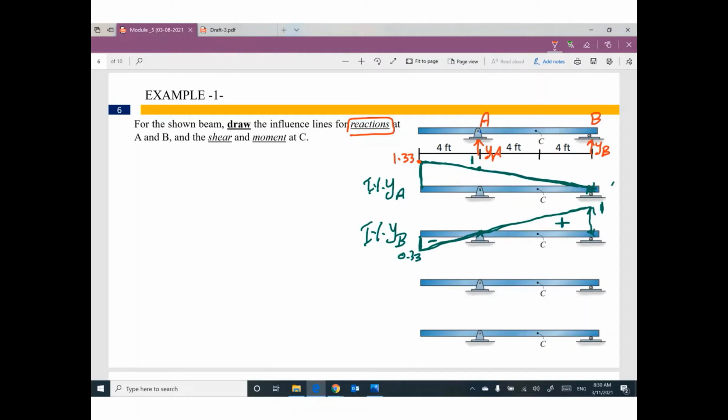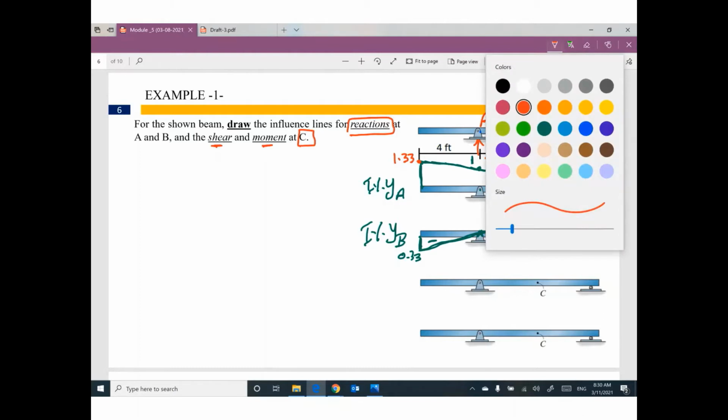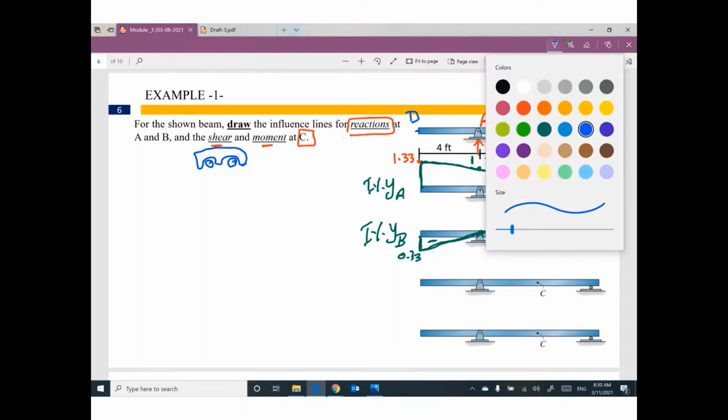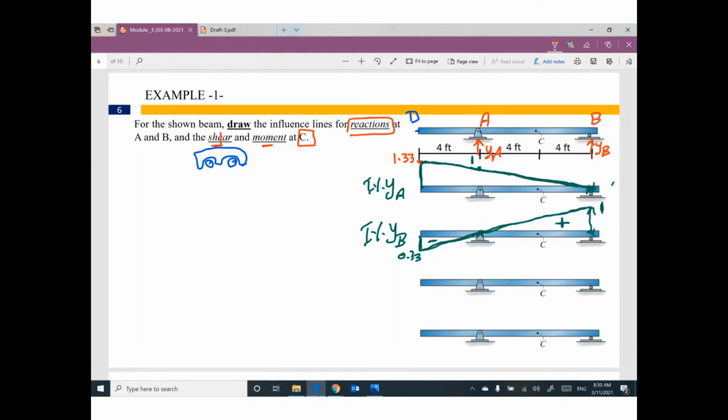The next step, we need to figure out what is the influence line for shear and what is the influence line for moment at a specific point called C. Just to let you know, this bridge is starting from D to B. So any truck, in our case, your truck represents one concentrated load.